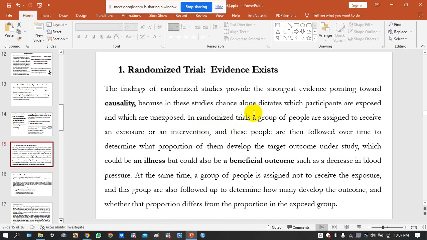In a randomized trial, a group of people are assigned to receive an exposure, a risk factor or an intervention, and these people are then followed over time to determine what proportion of them develop the target disease under study, which could be an illness but could also be a beneficial outcome, such as a decrease in blood pressure.